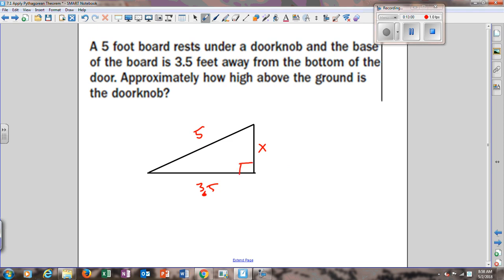Now it forms a right triangle. So it's just 3.5 squared plus x squared equals 5 squared. Then 3.5 squared is 12.25. 5 squared is obviously 25.